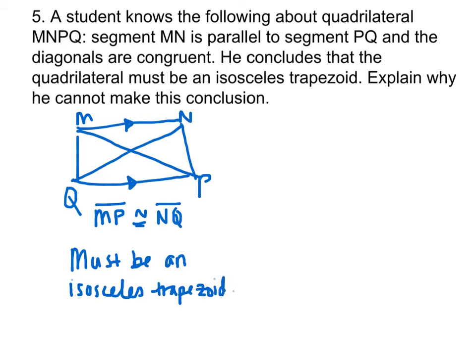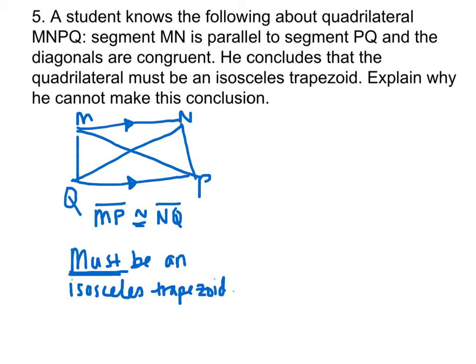And the key word that we're taking issue with here is the word must. Is the only thing this could be an isosceles trapezoid? Well, no. And all you have to ask yourself is, what other quadrilateral has a pair of parallel sides and congruent diagonals?